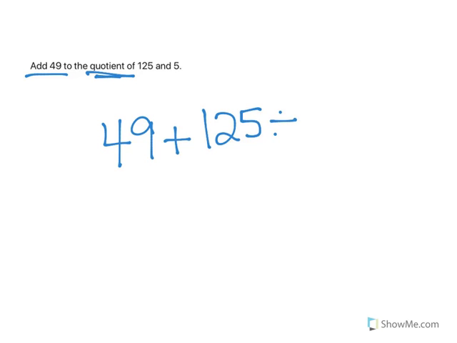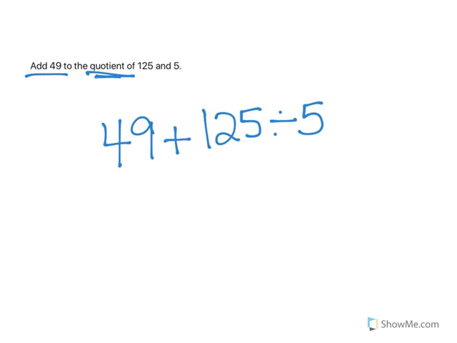All right, and then the next one, it says that we need to add 49 to the quotient of 125 and 5. Now, when we're finding the quotient, we are doing the operation of division, and we are dividing 125 by 5.